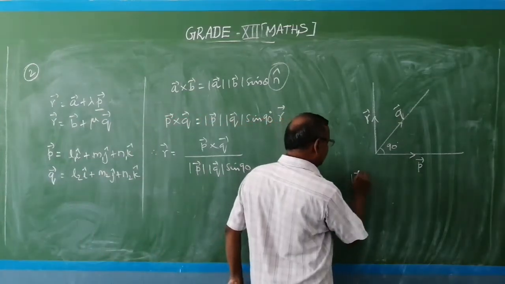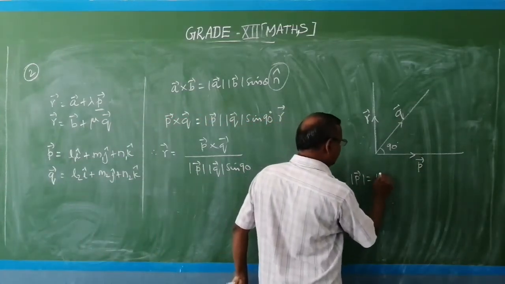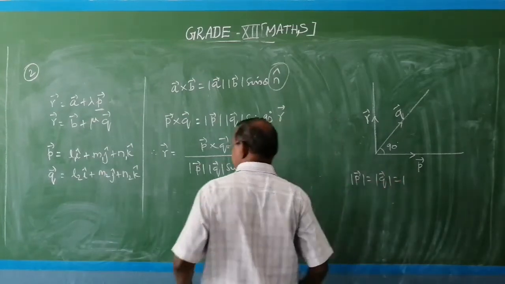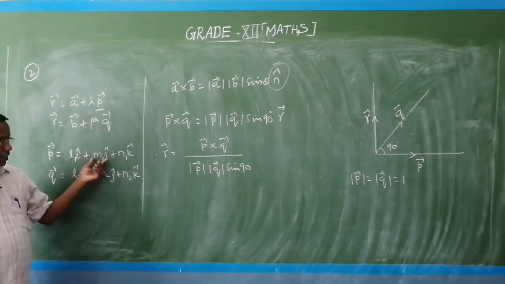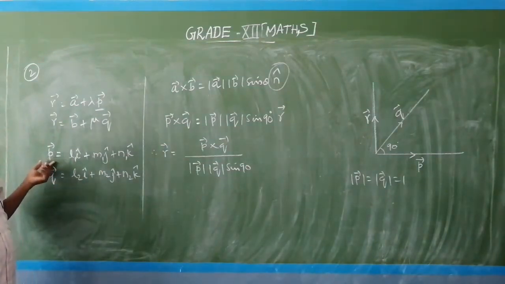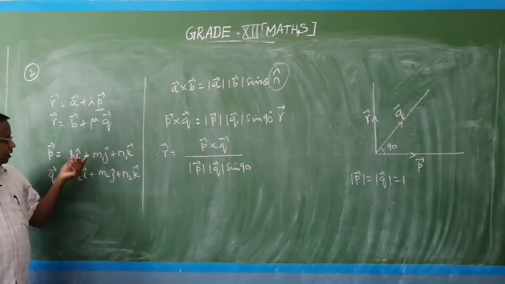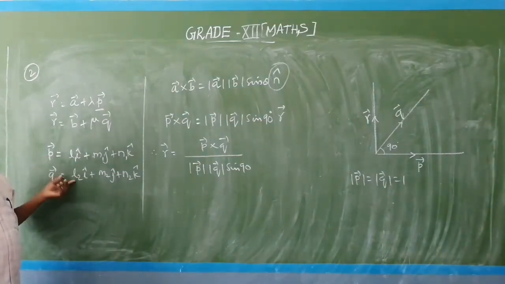Now modulus of p vector equals modulus of q vector equals 1, because these vectors are expressed in terms of direction cosines. Any vector expressed in terms of direction cosines must be a unit vector; we have studied this in vector algebra already.